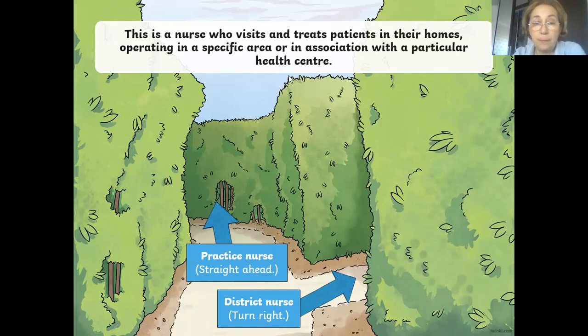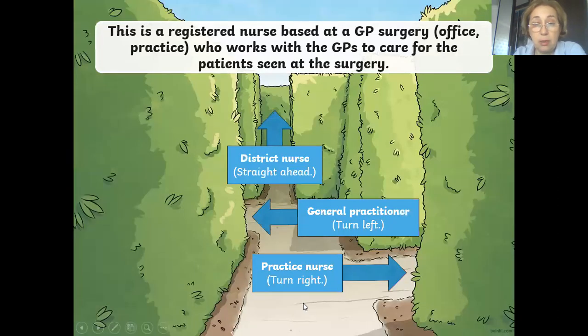District nurse. Okay, if we check it, district nurse. Yes, you're right. And this is a registered nurse based at a general practitioner surgery office practice who works with the general practitioners to care for the patients seen at the surgery.